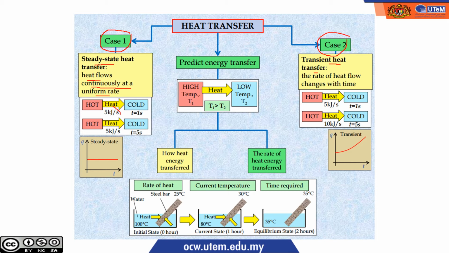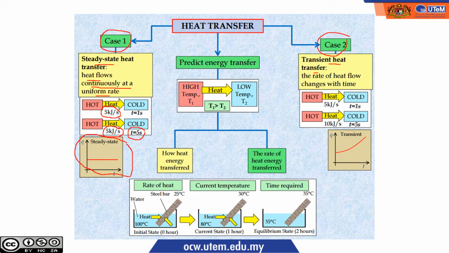So for example, from hot to cold, the heat transfer rate is 5 kilojoule per second, and after 5 seconds the rate of heat transfer is still maintained. So if you plot the graph, it will show that it's constant.